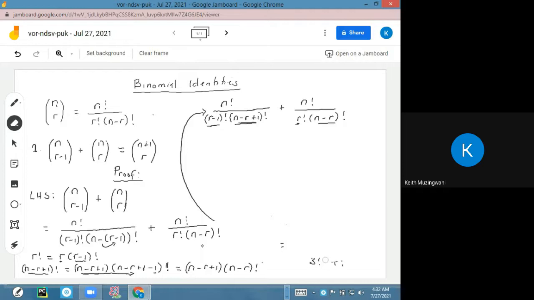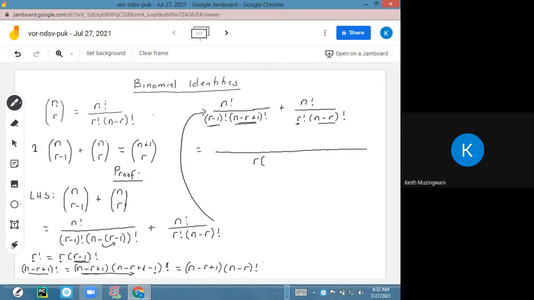so that when we go to our fractions here, we want a common denominator. Between r minus 1 factorial and r factorial, you can see that in r factorial there is actually an r minus 1 factorial, so we'll get the bigger one.